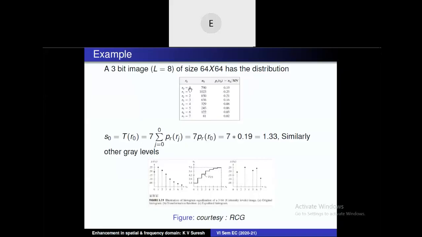So what is given here is the input gray levels from 0 to 7. The number of pixels is given here. Since it is 64 cross 64, you will have 64 into 64 pixels. Among them 790 zeros are there, 1023 ones are there, etc. This is how the problem is given. You cannot print a 64 cross 64 image on a sheet of paper and ask you to count.